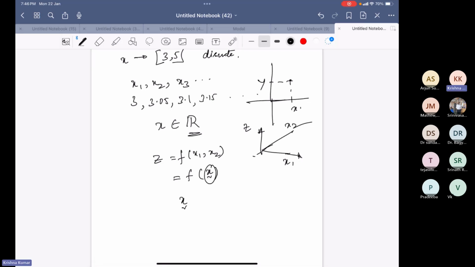In which case I would say x is a member of real space R2. x can be a member of Rn and so on. So the domain of x can be one number, 2 numbers, or n numbers.